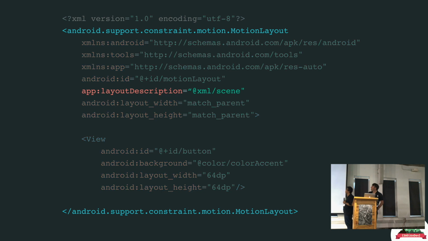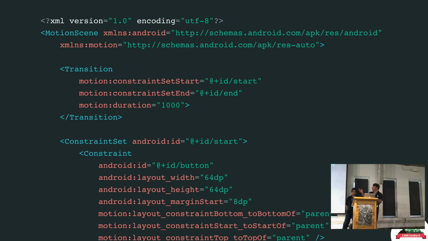The interesting thing here is that there is no constraint, because in fact we point to a separate file, and all the constraints, all the rules for your layout are going to be put into that external file. That external file, the motion scene, contains a bunch of information.